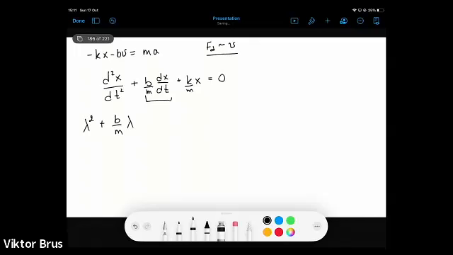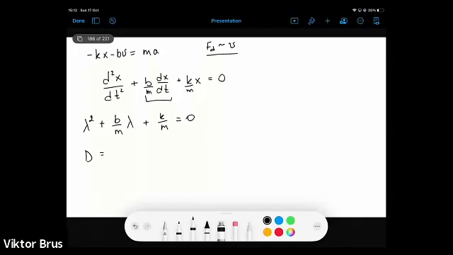And here is just k over m. This is equal to 0. So now let us get the discriminant of this quadratic characteristic equation. So the discriminant will be b squared minus 4ac.